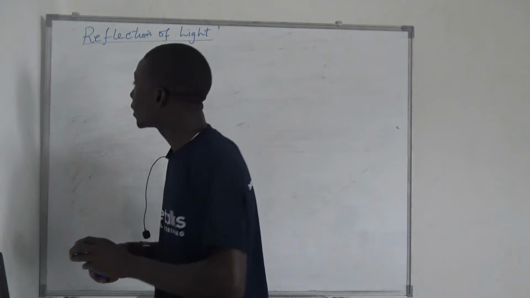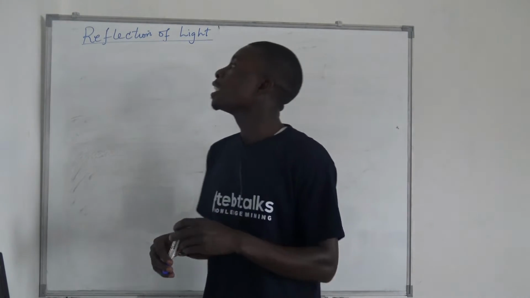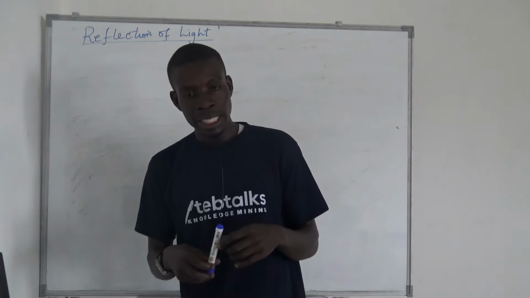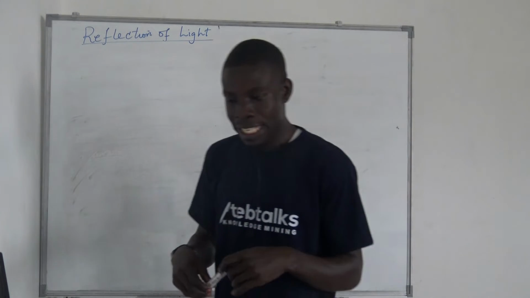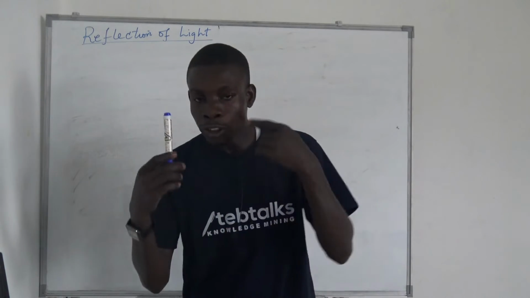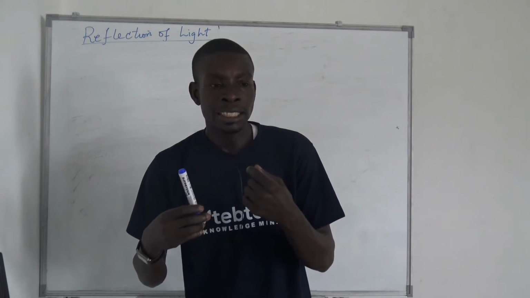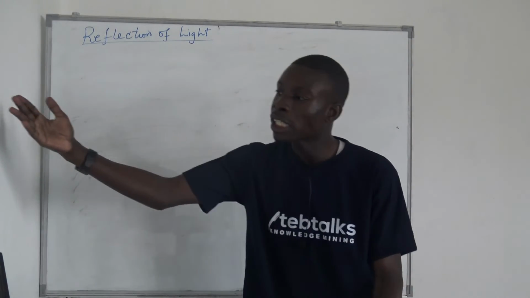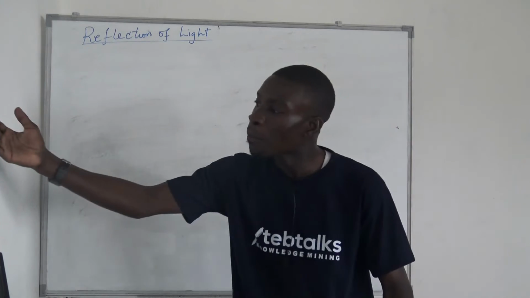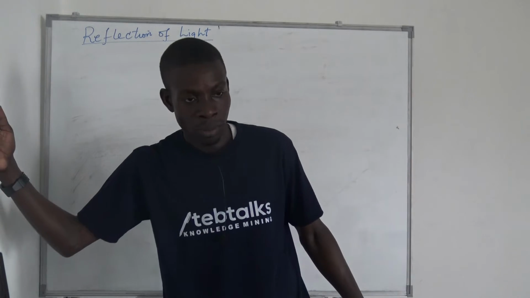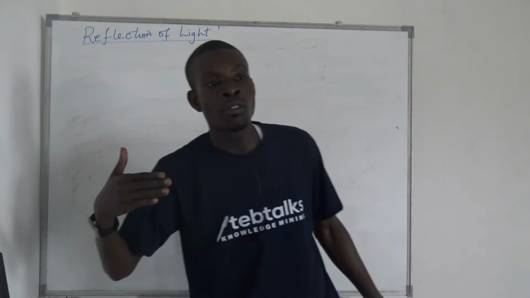Reflection of light can be defined as the bouncing back of light rays after meeting a shiny surface. If the light goes and finds a surface and now it comes back, the coming back of the light after meeting a surface which is shining, we call that reflection of light.